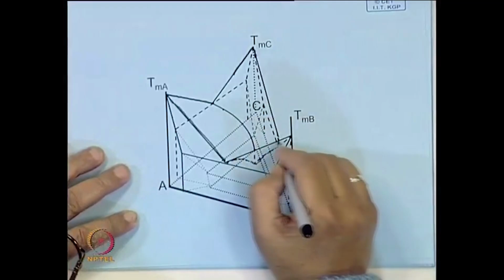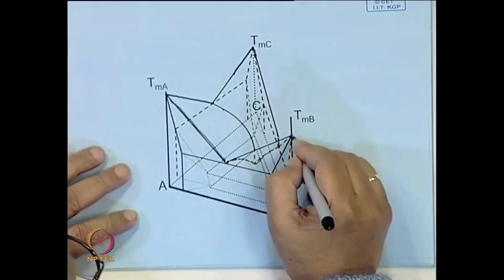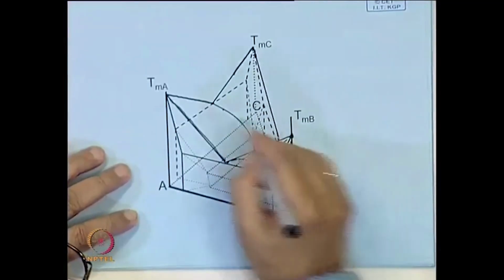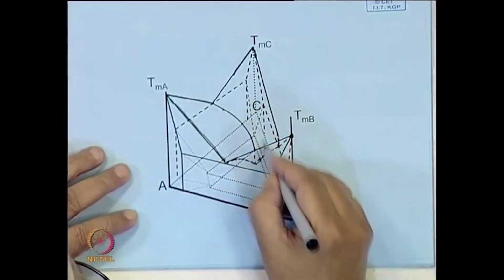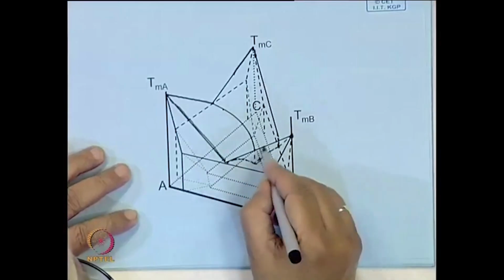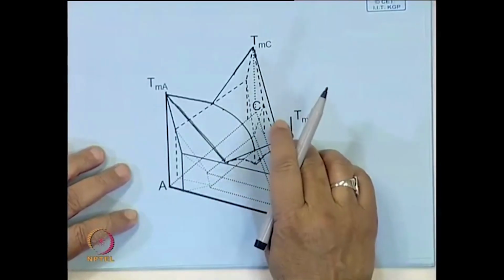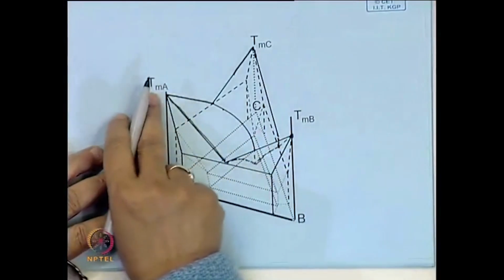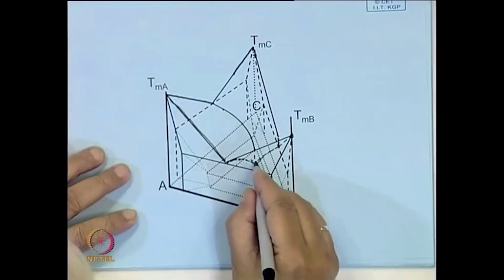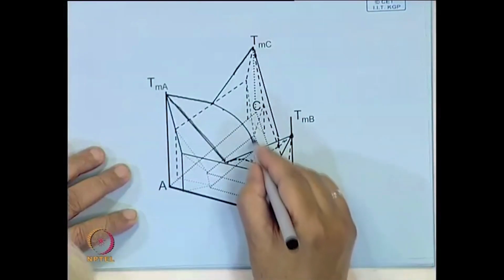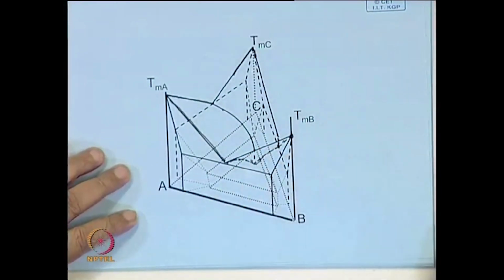Similarly, a third surface will come from the melting point of B, and 2 of these will meet along a curve like this. Similarly, this surface, one coming down from the melting point of B and one coming down from the point TMA, will meet along this. So, there will be 3 curves along which these surfaces will meet.